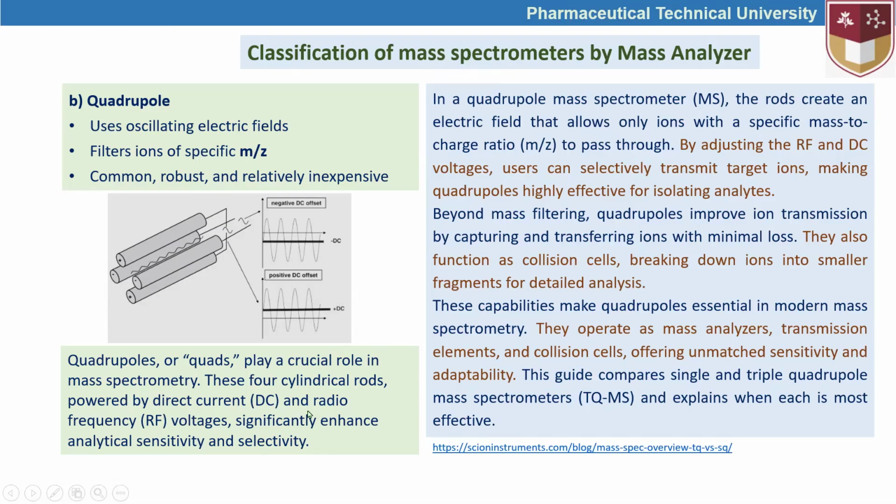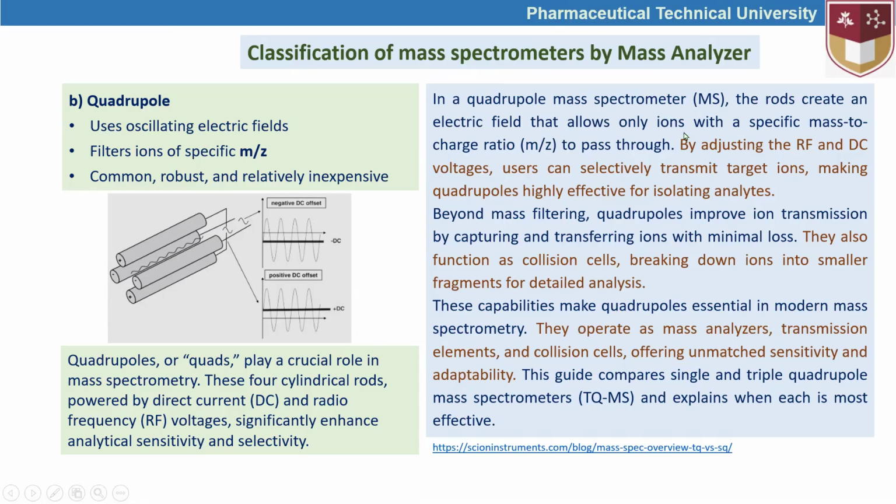Quadrupoles use DC and radio frequency, and these factors significantly enhance the analytical sensitivity and selectivity of the quadrupole. In a quadrupole mass spectrometer, the rods create an electric field. As we see here, an electric field exists among the charged electrodes.